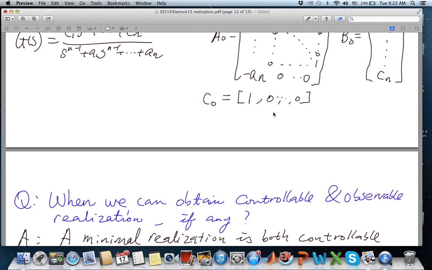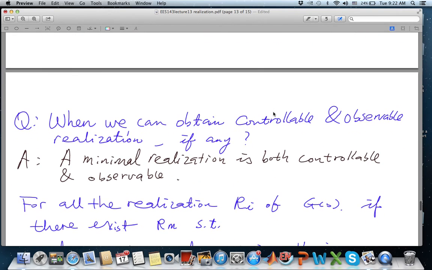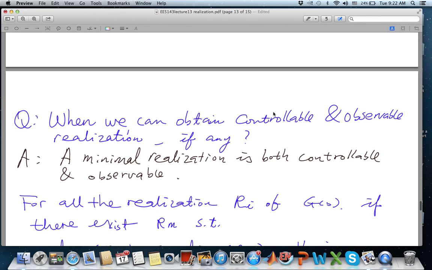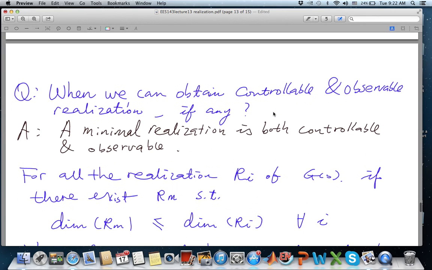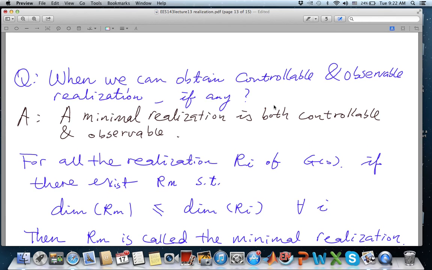Okay, so the last question we want to answer is when we can obtain a controllable and observable realization, if such a realization exists. The first thing we say is that a minimum realization is both controllable and observable. What is a minimum realization?